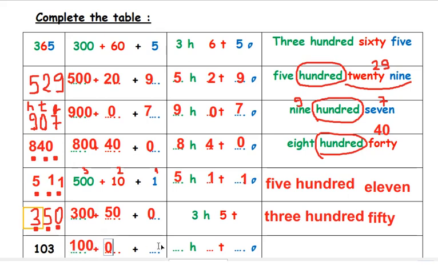You see, I have 3 ones. If you want, I will write O for ones, T for tens, and H for hundreds. Okay? 100, 0 tens, and 3 ones. So the digit of 100 is 1. The digit of 10 is what? 0. And ones, I have 3 ones.